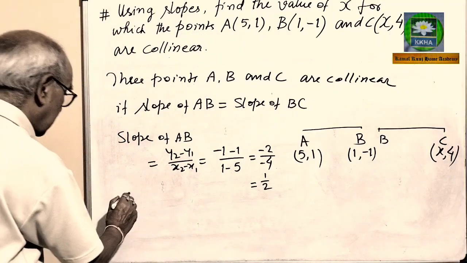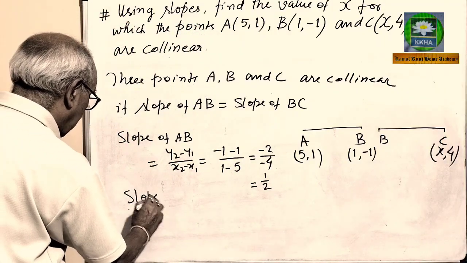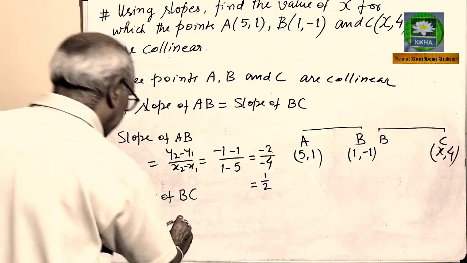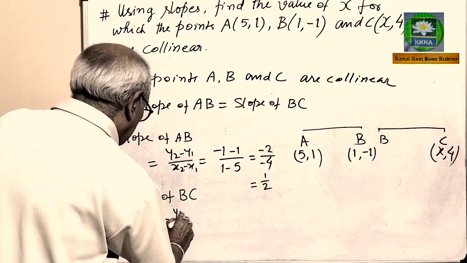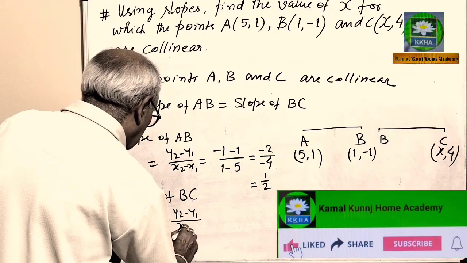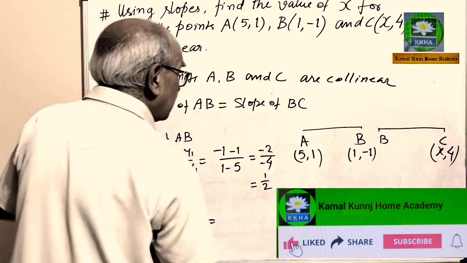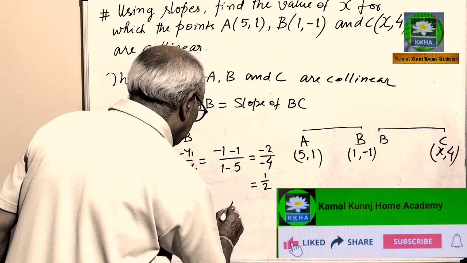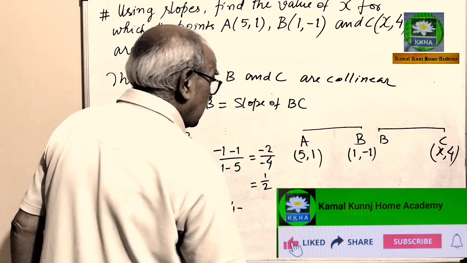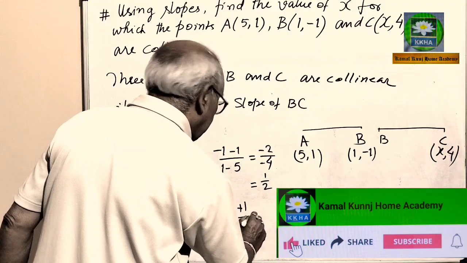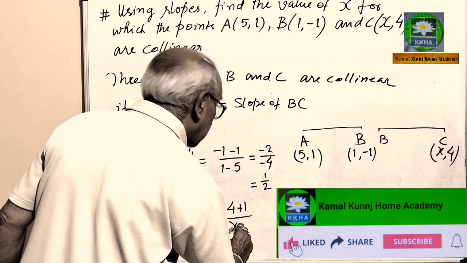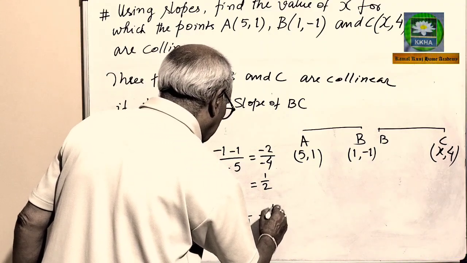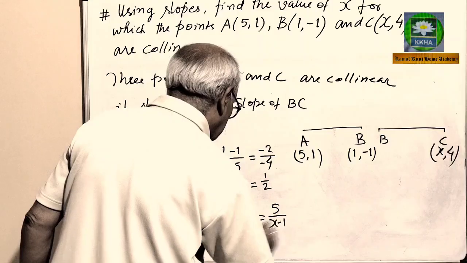And slope of BC is equal to y2 minus y1 upon x2 minus x1, which is equal to 4 plus 1 upon x minus 1, equal to 5 upon x minus 1.